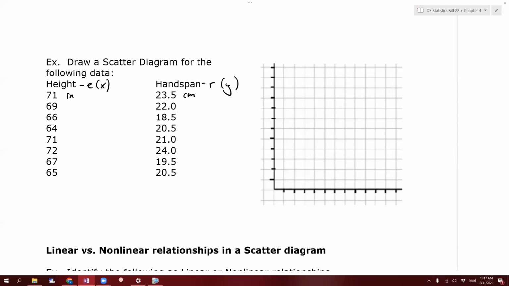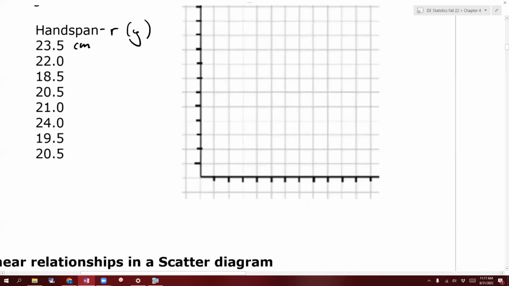All right, so when I started this, I started with 64 here. I do a little graph break, 64, and then we'll go up by 1. So 64, 65, 66, 67, 68, 69, 70, 71, 72, 73, 74, 75. And then for my handspan, I went in increments of full centimeters.